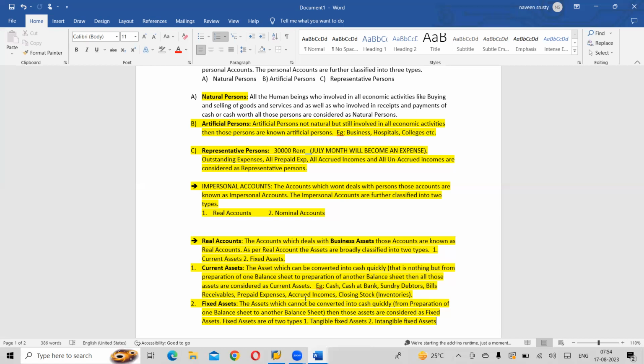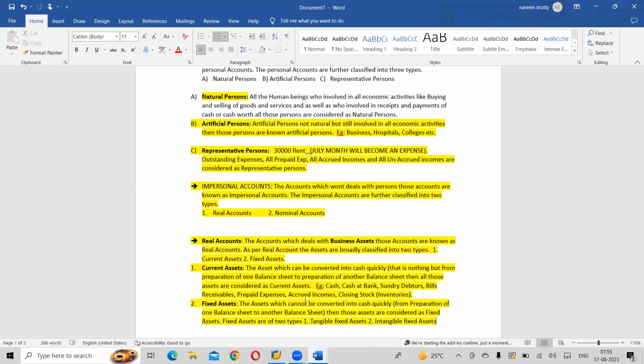Why I'm taking your batch separately is because our timings will not map with any other batch, because of your time zone. We will cover that 30%, not just the basics but the complete accounting you did in your +2, +3 years of graduation and 2 years of masters. Initially it will take a little time.